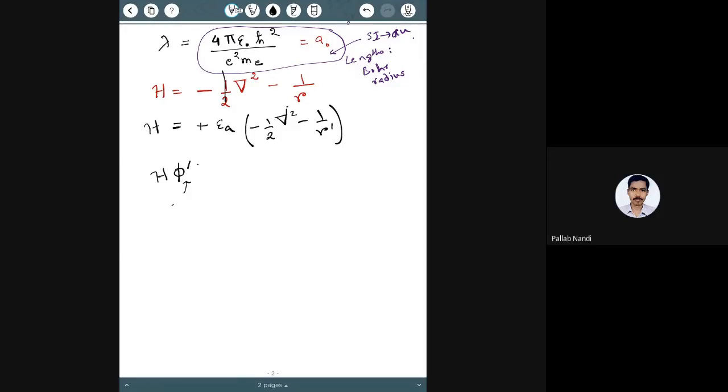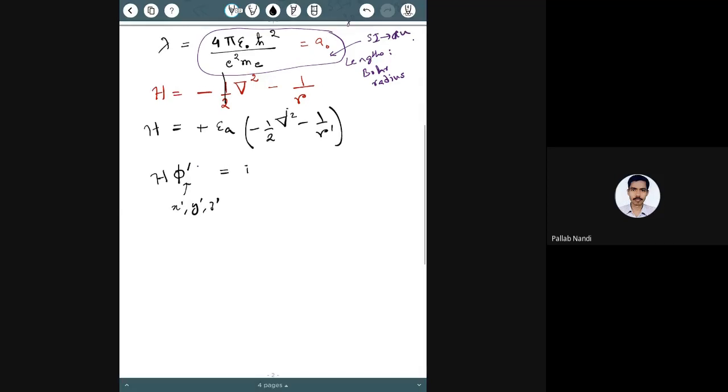In the wave function also you have x prime, y prime, and z prime. And this is the energy, and again phi prime. And now I can write the H with epsilon A, minus half, then I take epsilon A to the other side.